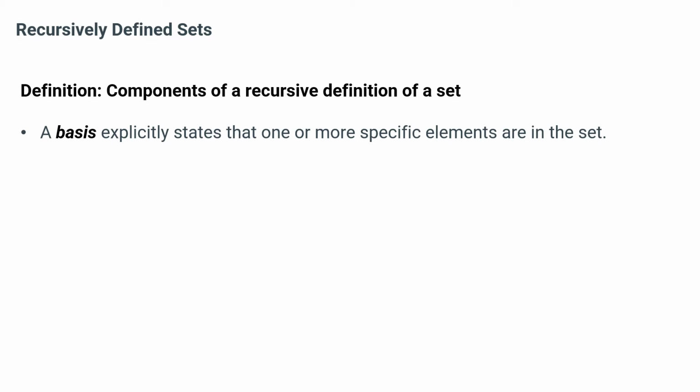So it's going to say this new set that I'm defining has these one or two or just a few little elements in there. A lot of times it's only one or two little elements that are part of the set.